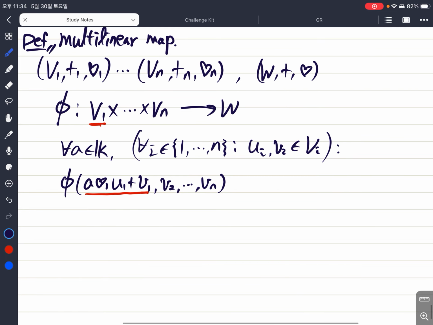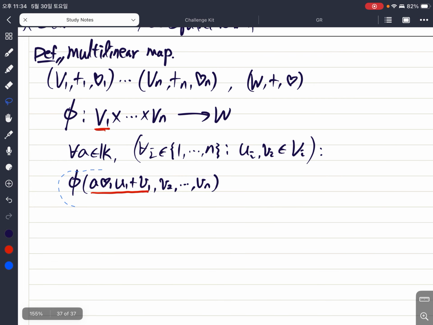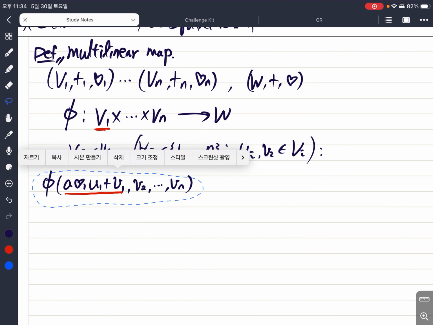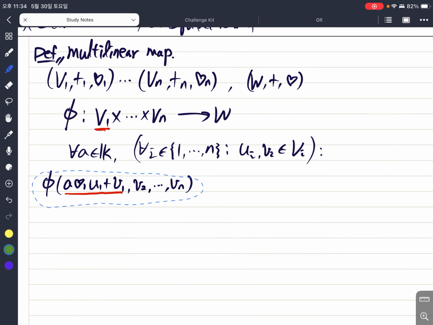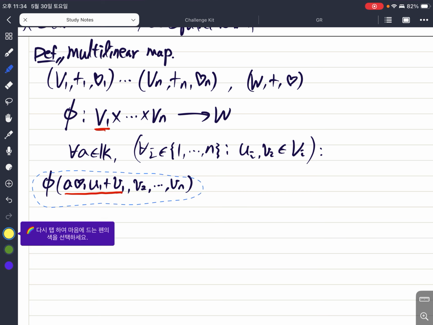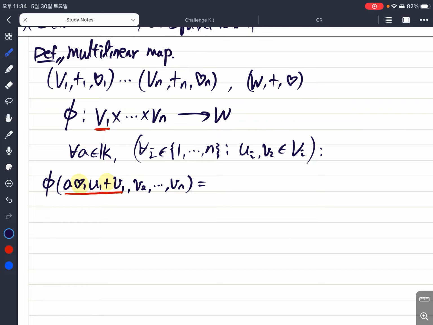What we call multilinear is that the addition and scalar multiplication in the domain gives a heart phi of u1, v2, ..., vn plus phi of v1, v2, ..., vn.